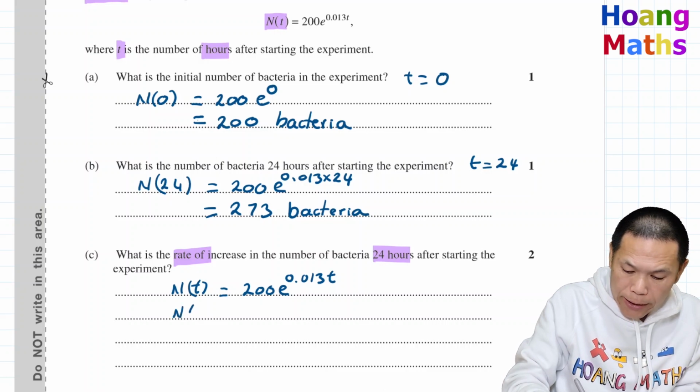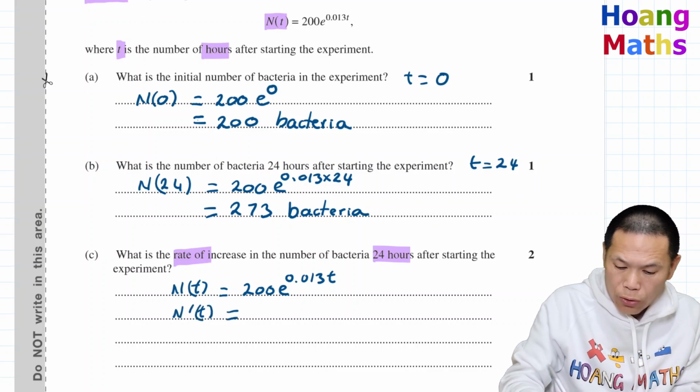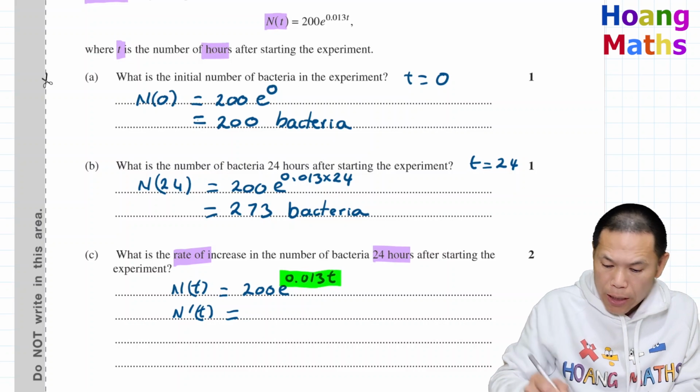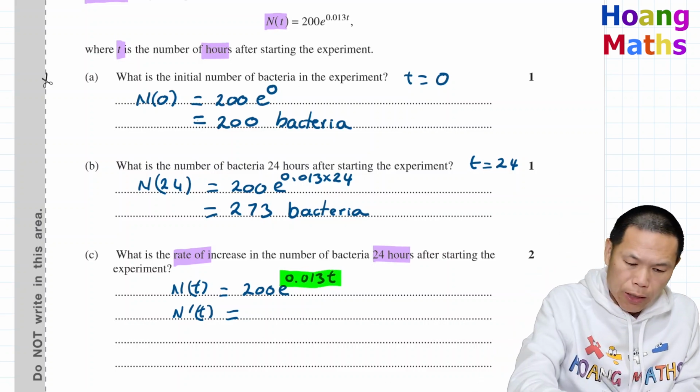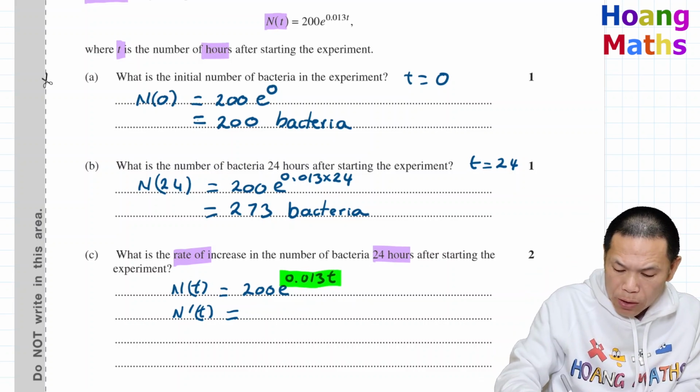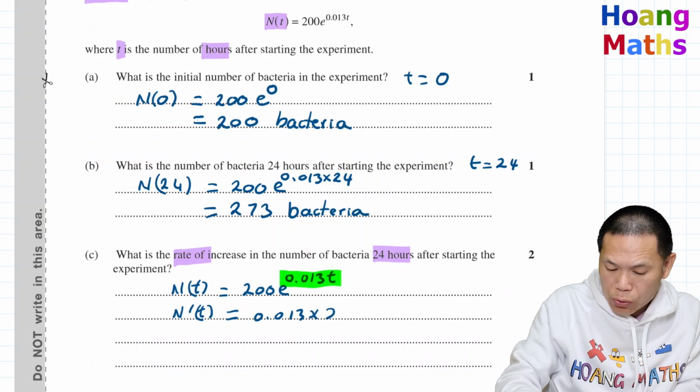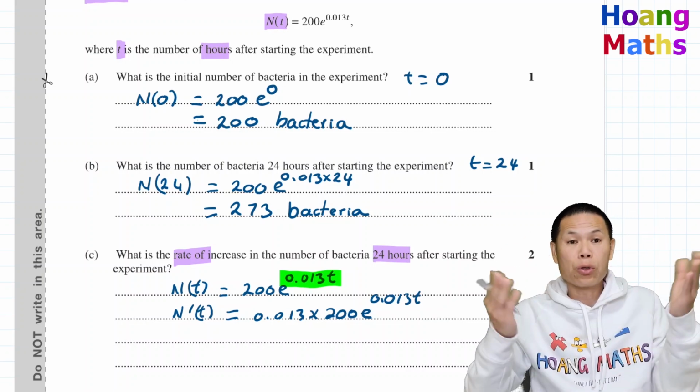So N dash T is equal to, when we differentiate this, it gives me 0.013 times the function. So that is 0.013 times 200 e to the 0.013 T. Now just put it on a calculator.